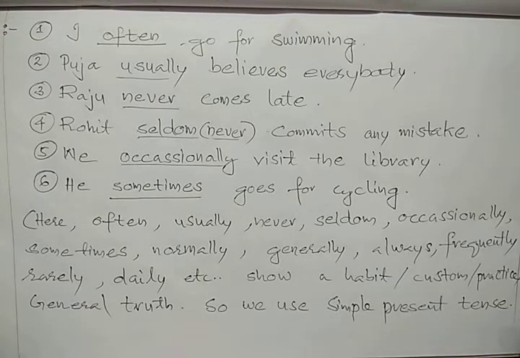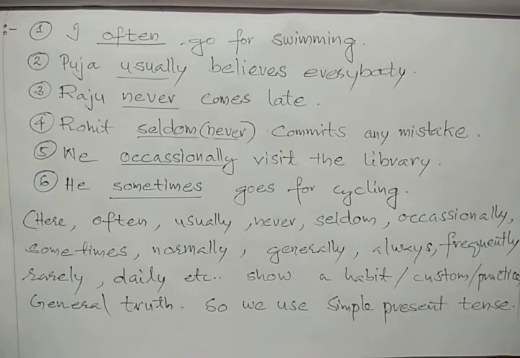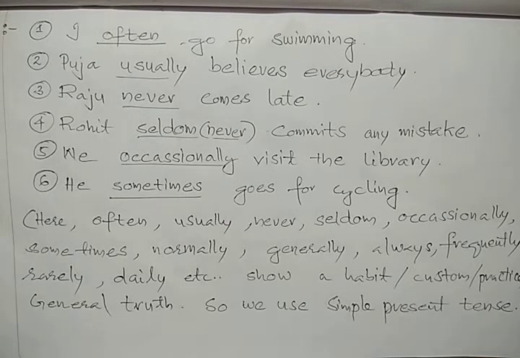Second one, Pooja usually believes everybody. Third, Raju never comes late. Fourth, Rohit seldom or never commits any mistake. Fifth, we occasionally visit the library. Sixth, he sometimes goes for cycling.